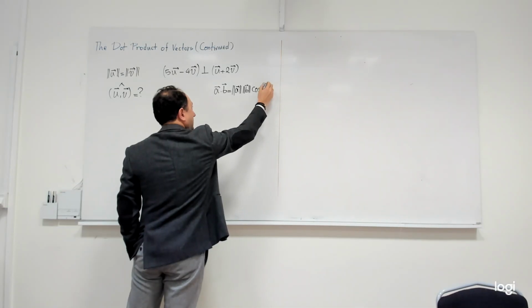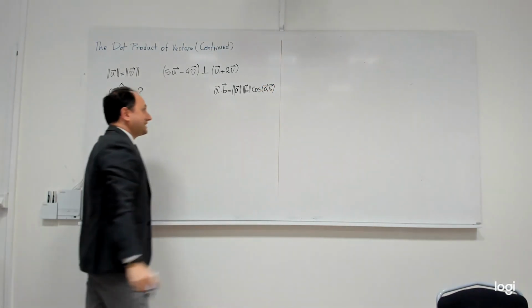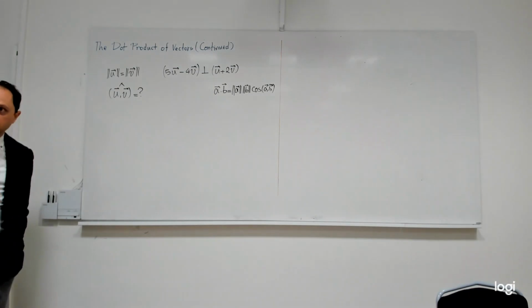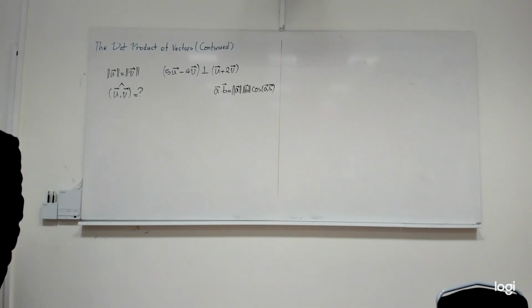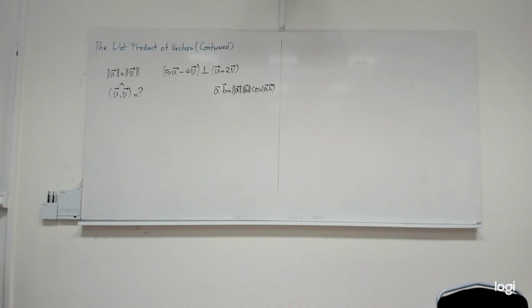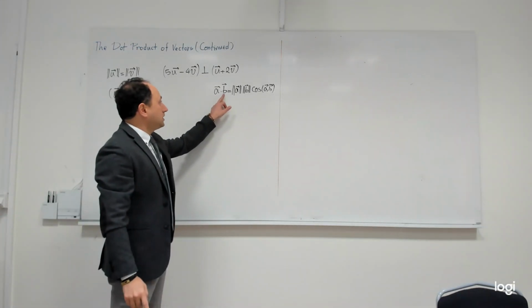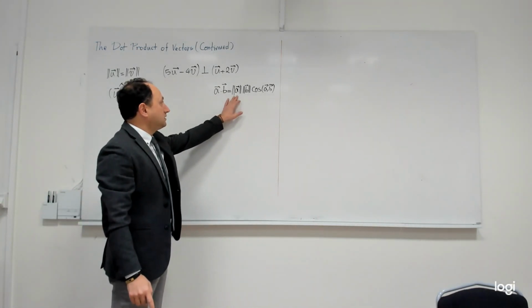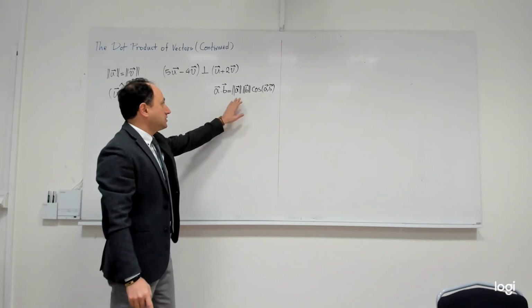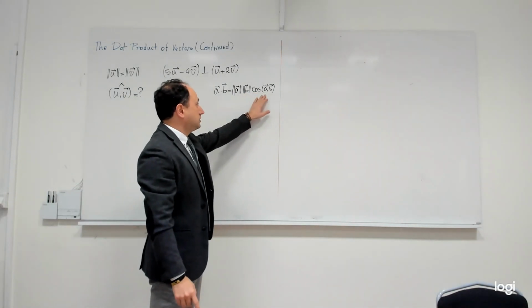I told you that there are some questions that directly ask you to calculate the dot product, but sometimes they are not asked directly. You need to know yourself that you should be able to use the dot product notion here. So this is one of those cases. If this dot product is equal to 0, it means that either the first number is 0, or the second number is 0, or the third number is 0.